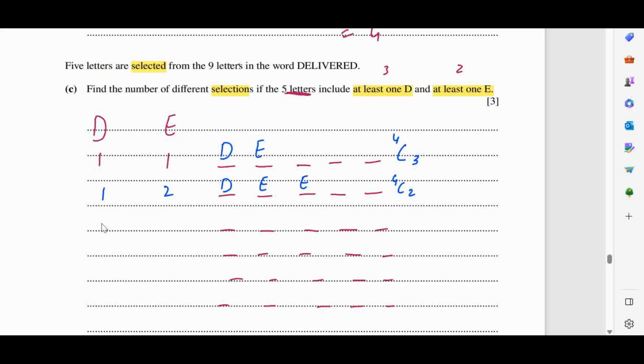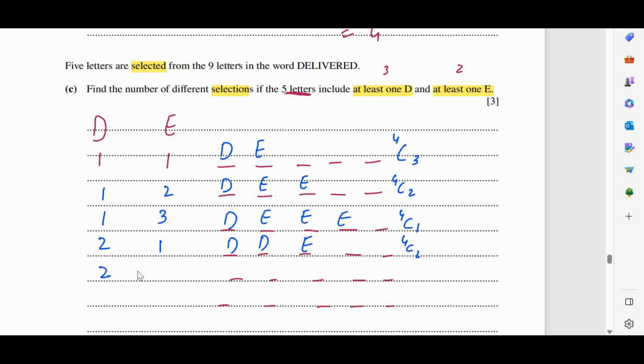The next case is we have 1 D and 3 E's. So it means D, E, E and another E. So here this will be 4C1. The next case is we have 2 D's and 1 E. So it means D, D and E, which means 4C2, because we have 2 spaces remaining.